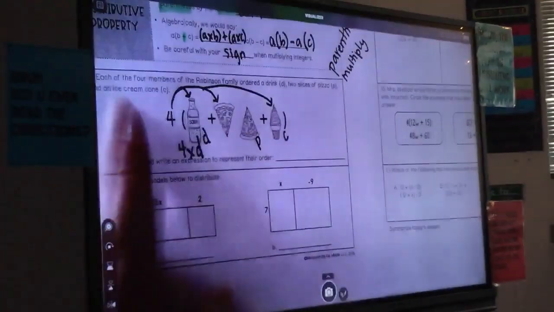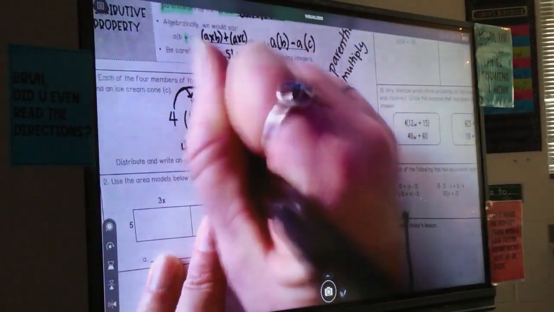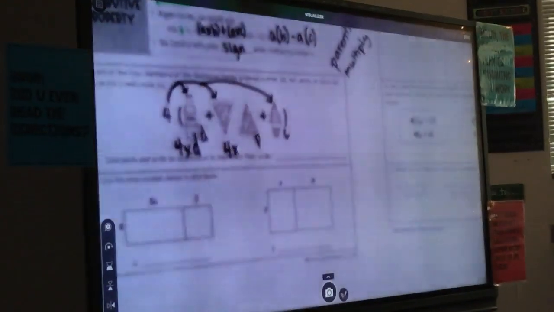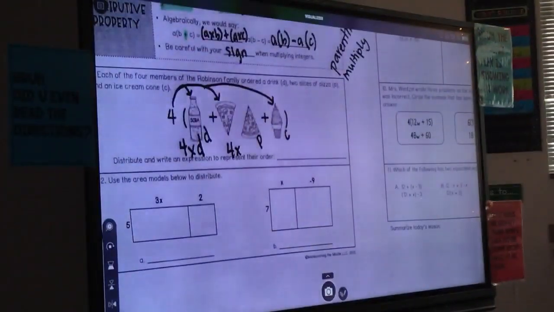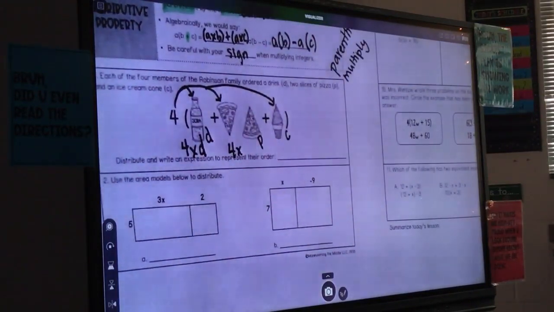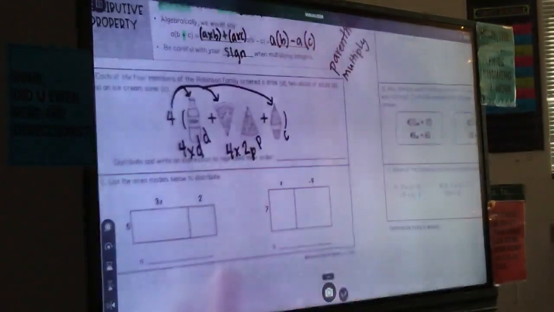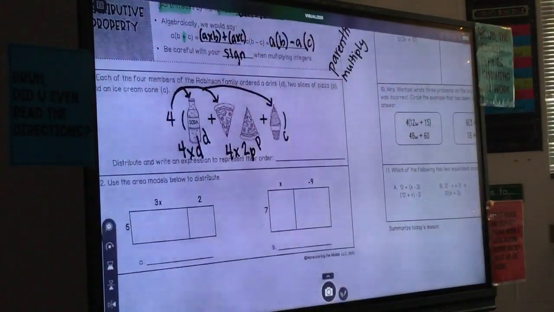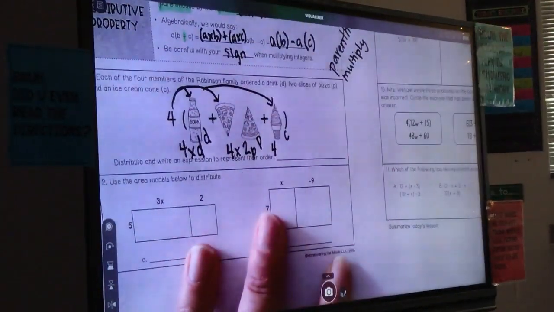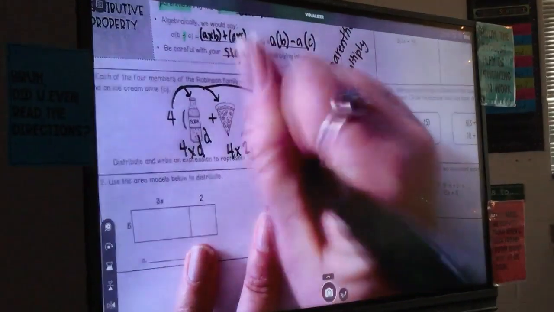So this is 4 times what? No, it is not P. And that's why I said be careful, because how many slices of pizza did everybody order? Plus there's how many slices of pizza? 2. So we need to make sure we do 4 times 2P. And then the last one, how many ice creams did they get? 1, so it's 4 times C.